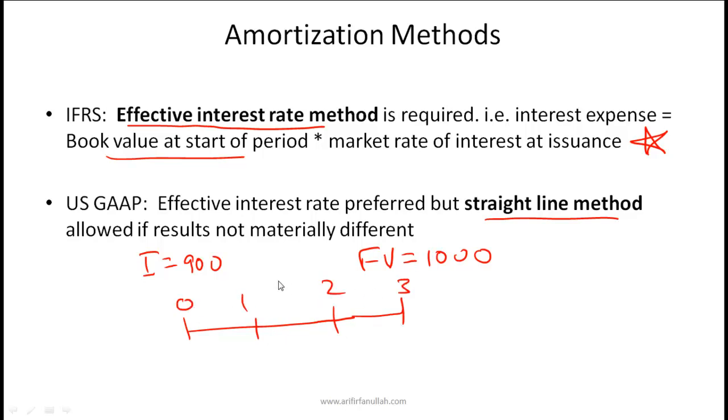The straight line method looks at the difference between the two, which is 100, and it allows you to amortize an equal amount every year. That's why this is called the straight line method. So the amortization will be 33.3 here, 33.3 in the next year, and 33.3 in the third year. So we basically work our way up from 900 to 1000.